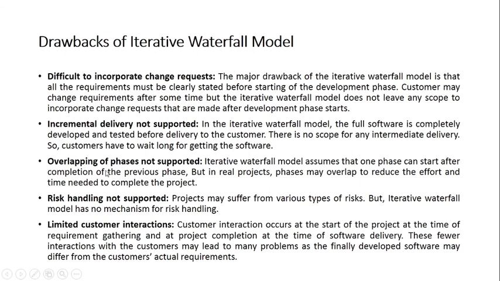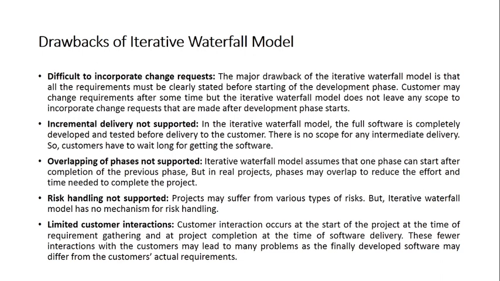Right? Then overlapping of phases is not supported, but practically we know that overlapping is required in real-world projects. Risk handling is not at all done. Though it is iterative waterfall, it might happen that once you develop the entire thing, the customer rejects it at the end, right? So that risk is always there, and everything will be a waste.